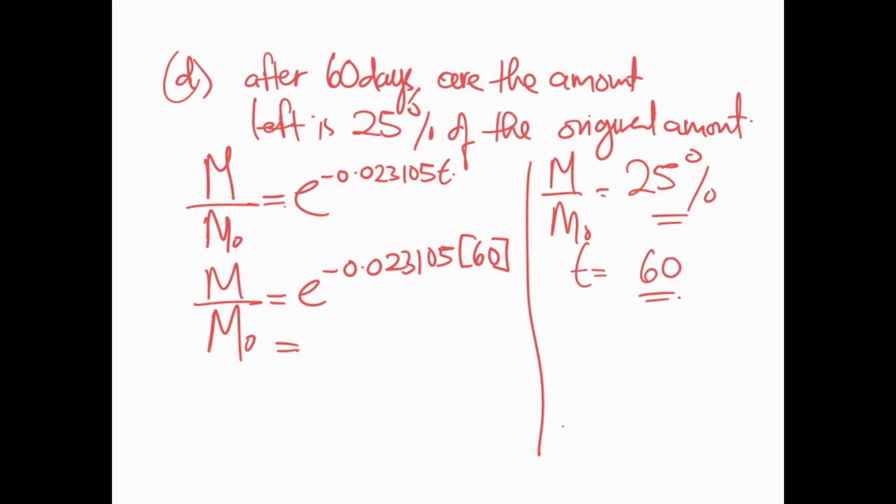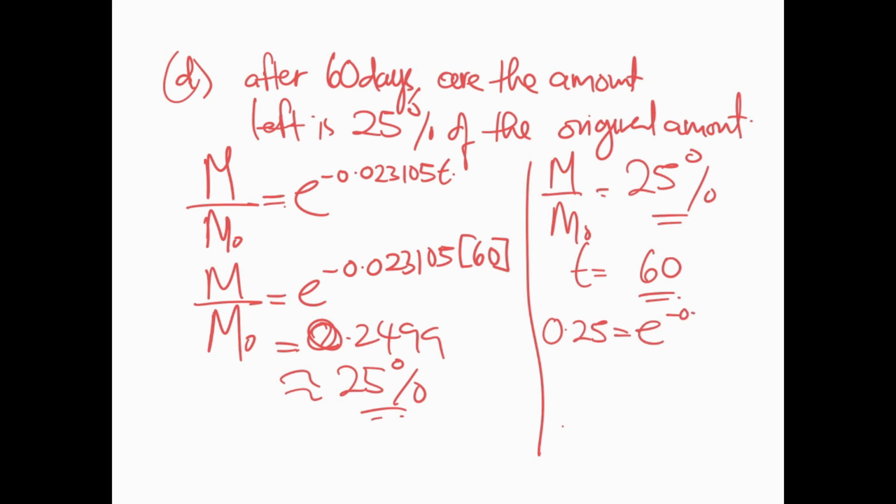e to the power of negative 0.023105 times 60. The answer that I got is 0.22499, which is approximately 25% left. Or you can take 0.25 equals e to the power of negative 0.023105t.